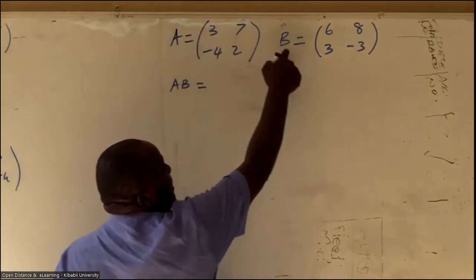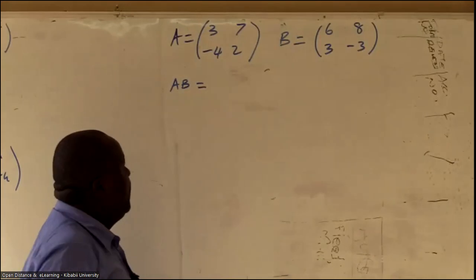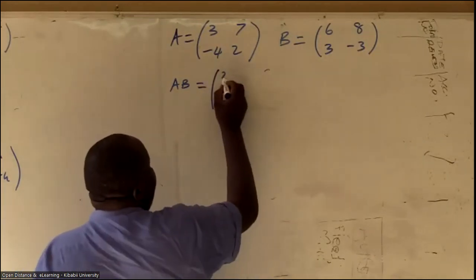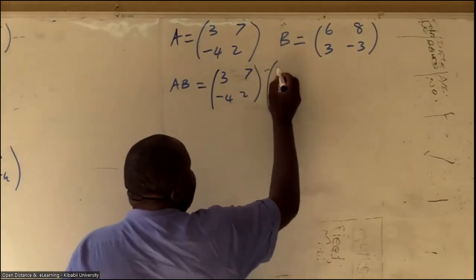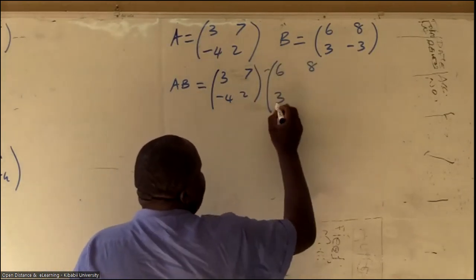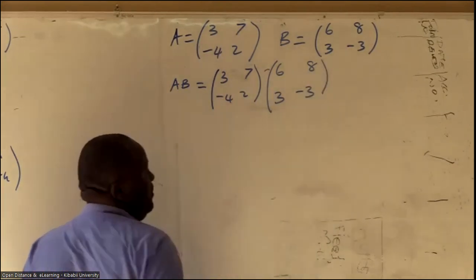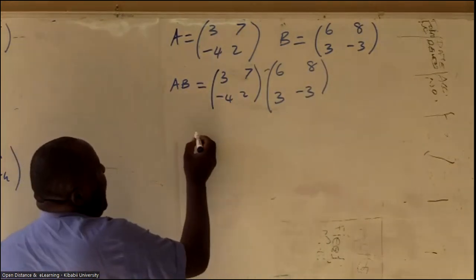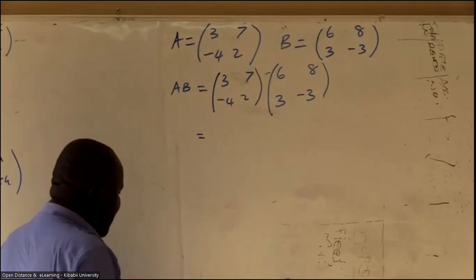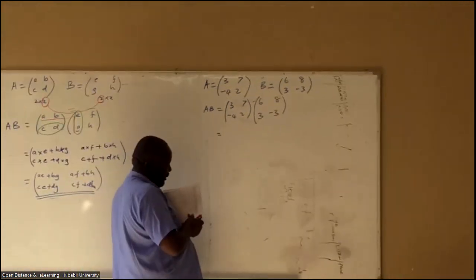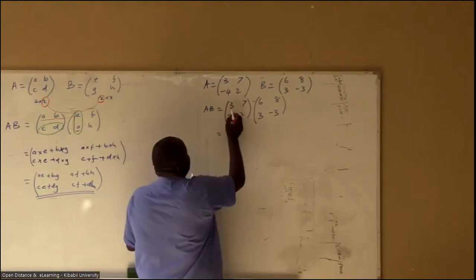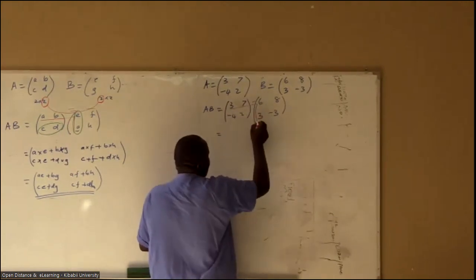This is 2 by 2, this is 2 by 2, so they are compatible. So we shall have A, 3, 7, negative 4, 2, times 6, 8, 3, negative 3. If we multiply through the first row, we want the first row with the first column.